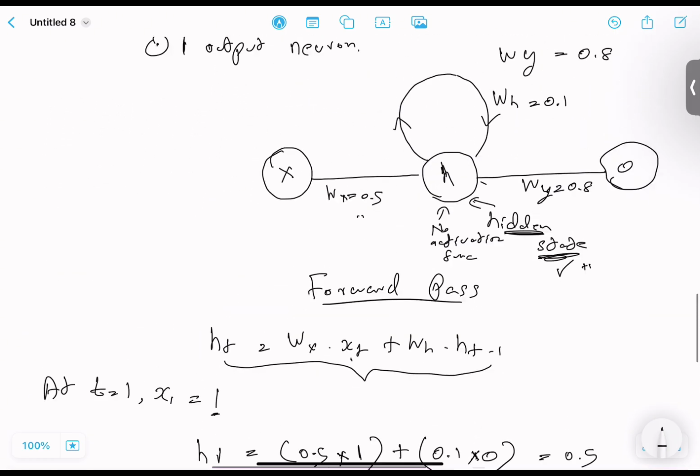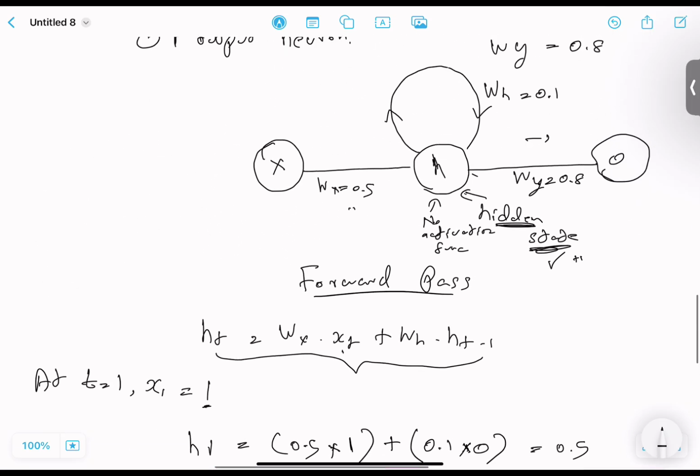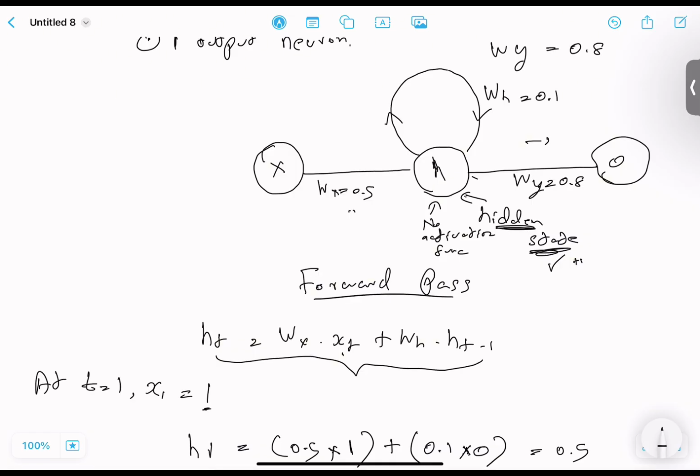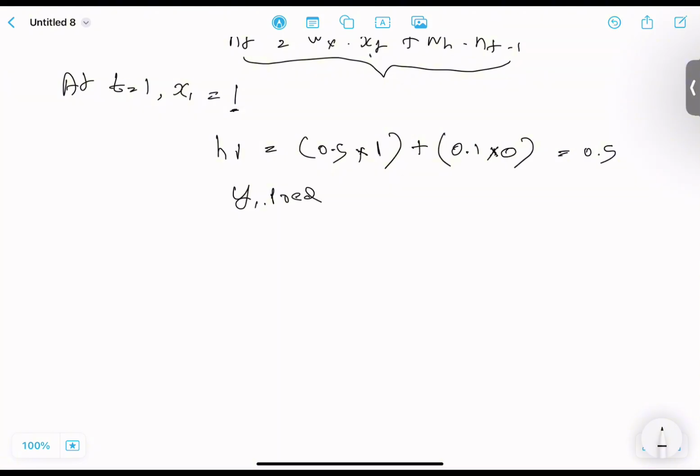Now we are slowly reaching this part. The output will go through the output layer's weight, and it will give the prediction. So the prediction y1 equals 0.8 multiplied by 0.5, the hidden state.